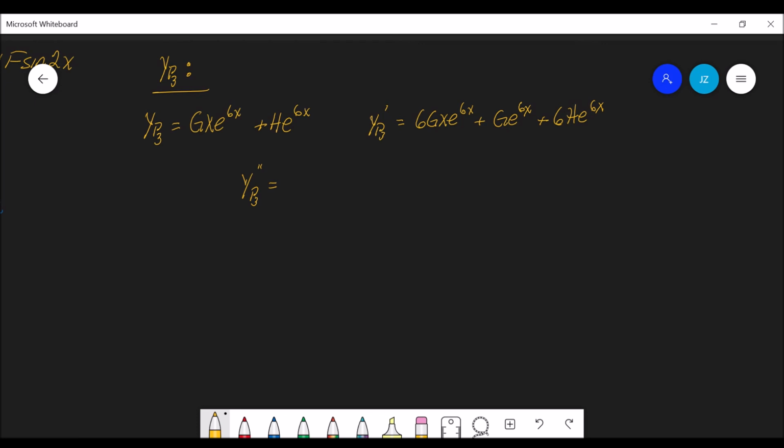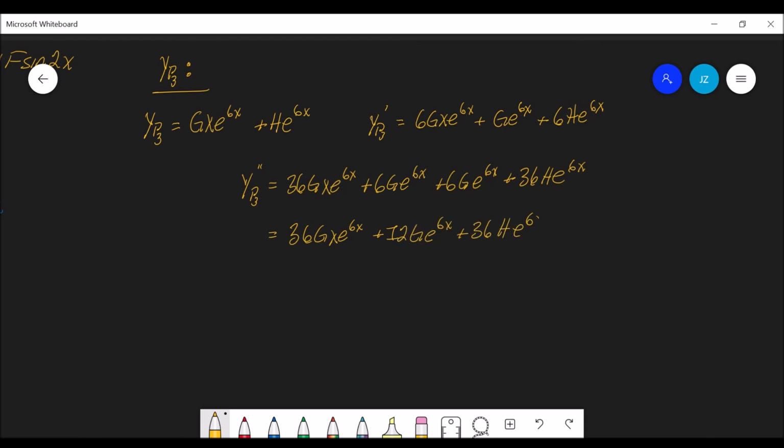Second derivative, 36gxe to the 6x plus 6ge to the 6x plus 6ge to the 6x plus 36he to the 6x, which can simplify to 36gxe to the 6x plus 12ge to the 6x plus 36he to the 6x.